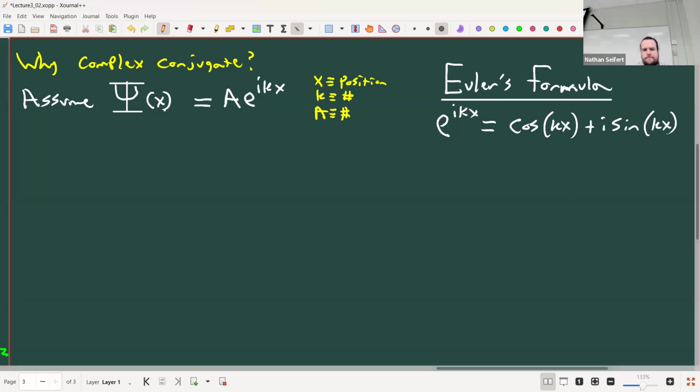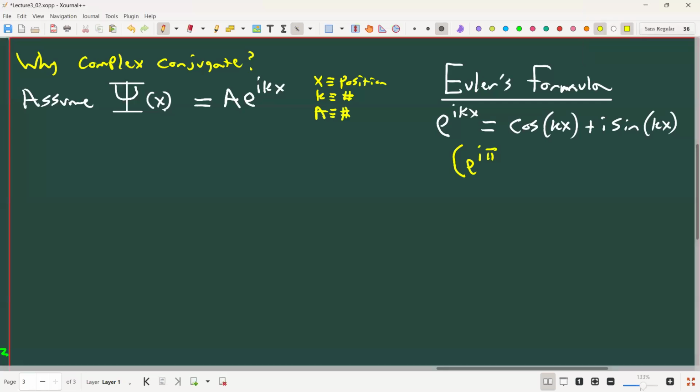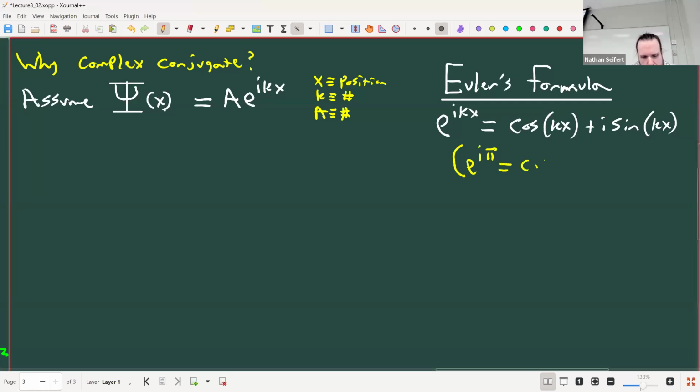Has anyone ever seen this formula before? Maybe not. It might not be something you ever consider. This is one of the most beautiful formulas in math. And the reason why it's beautiful is that if you take e to the i pi, three important numbers, this is equal to cosine pi plus i sine pi.